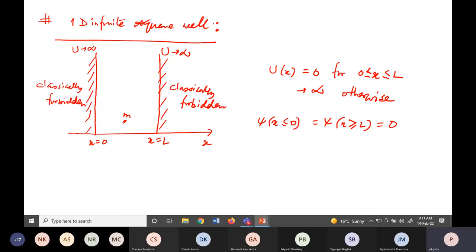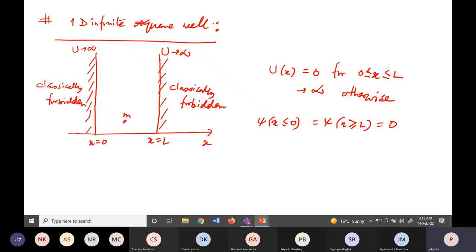Now classically, if we try to solve this particular problem from the classical angle, the particle will have an arbitrary energy E, and momentum p equal to root over 2mE.